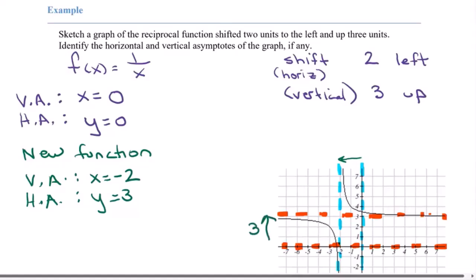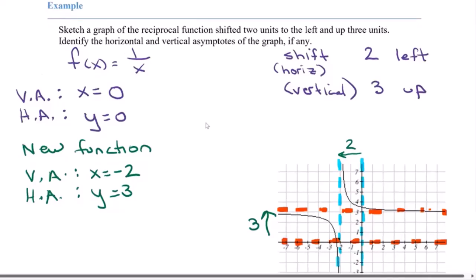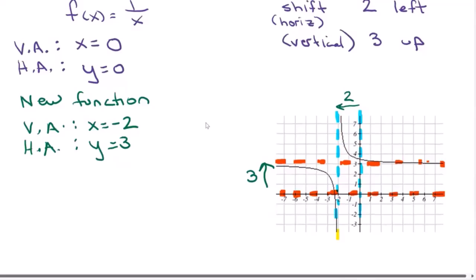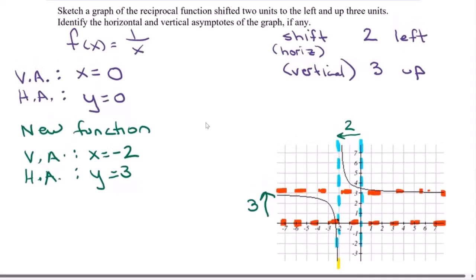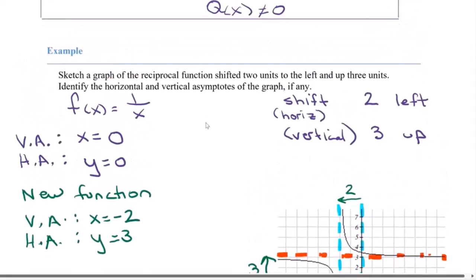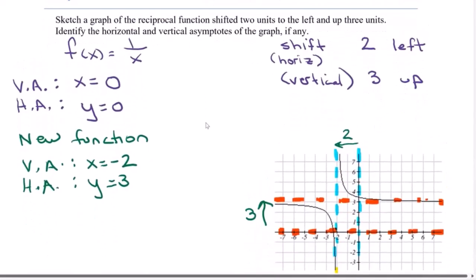This is shifting left by 2. And so those are our new asymptotes. And we just take that graph and we put in our asymptotes first, and then we can sketch our graph. And it's really just a transformation. We talked about transformations in 1-2, I believe. And so that's how you would do this graph.